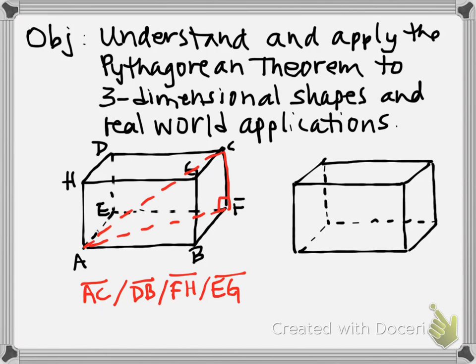Those are all the diagonals of the box. They are the longest lengths in the box. In other words, I could draw 4 different triangles going diagonally in the box. Okay?